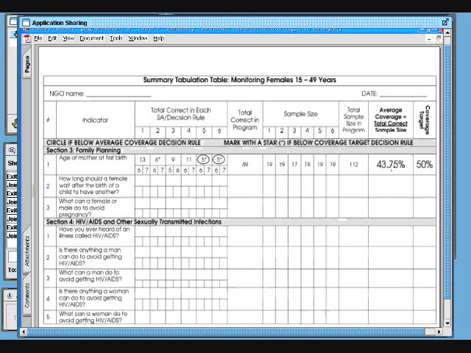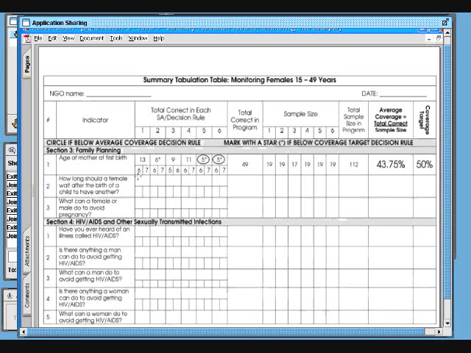43.75%. In addition, we have a coverage target of 50%, which is that predetermined level that we have set up in advance in order to achieve in a given period of time. So, since we have an average coverage now and a coverage target, we have two decision rules per supervision area.